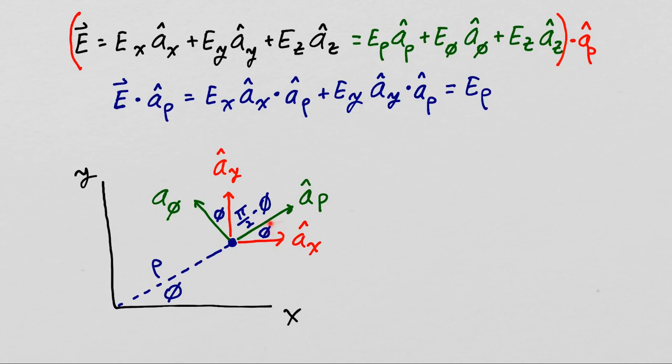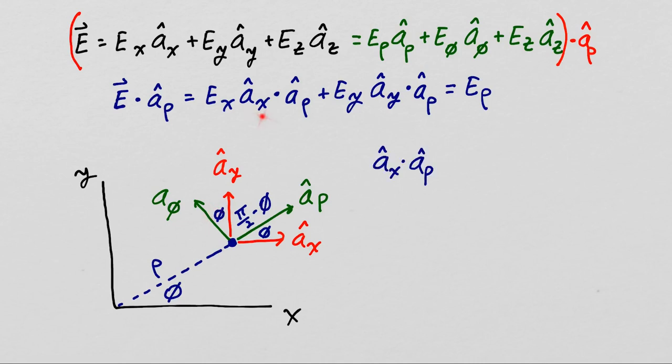This angle is the same as this angle, so it is phi. Since the angle between these two unit vectors is pi over 2 radians, this angle is pi over 2 minus phi. And similarly, since these two unit vectors are at pi over 2 radians, this angle here is phi.